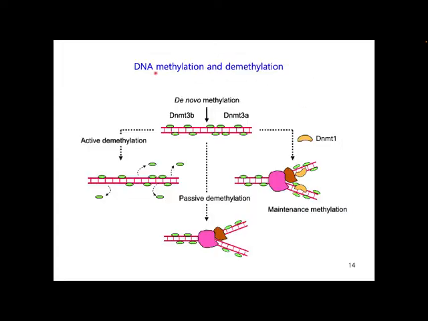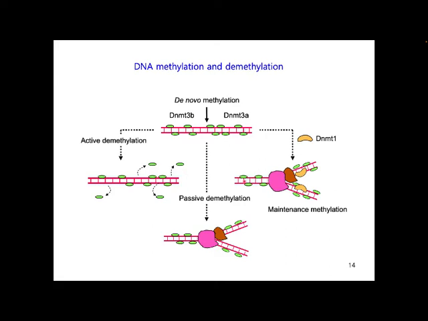The dynamic methylation and demethylation happen during development, and those are mediated by different enzymes. DNA methyltransferase 3B and 3A contribute to the de novo methylation. So the new DNA methylation pattern is established by these two enzymes. And the DNA methylation pattern is actually transmitted to the daughter cell.